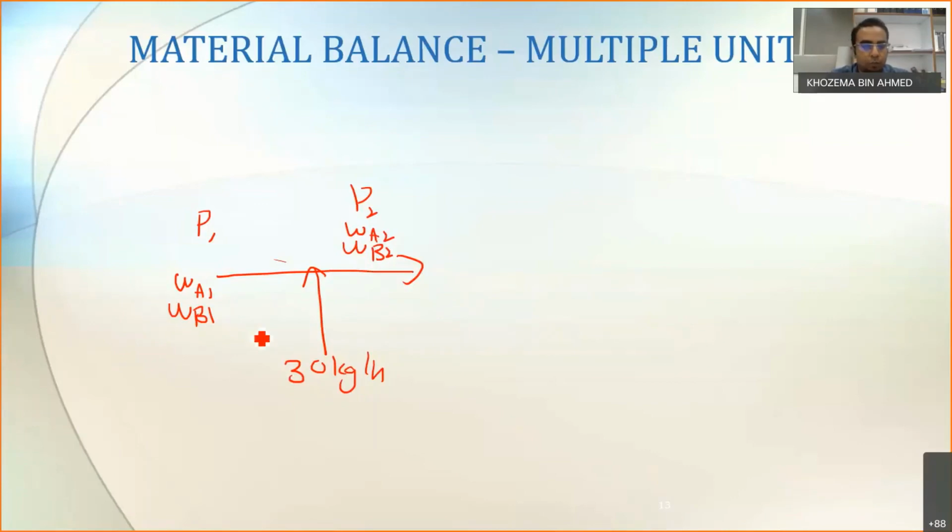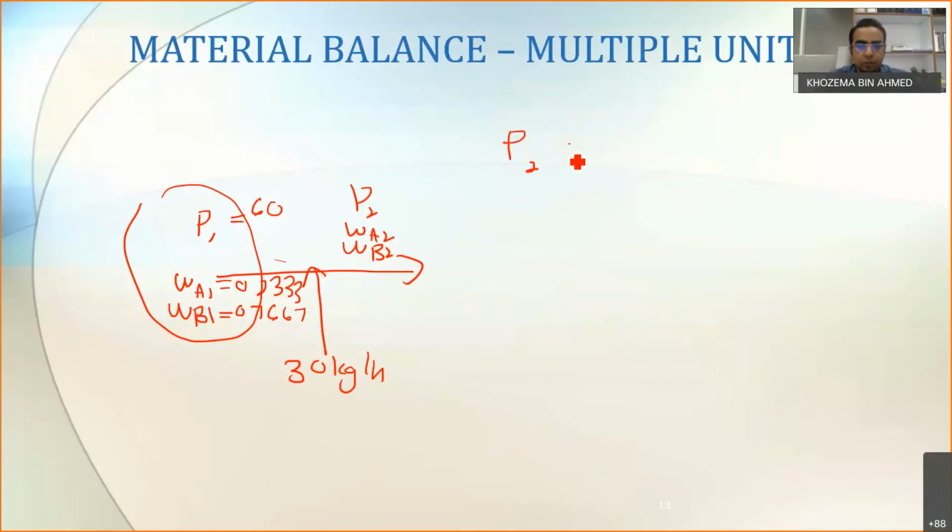Once I have known these values which I just calculated, P1 is equal to 60, WA1 is equal to 0.2333, and WB1 is equal to 0.7667, we can solve this because we already did our degree of freedom. So my final answer is that I can get P2 is equal to 90 kg per hour.